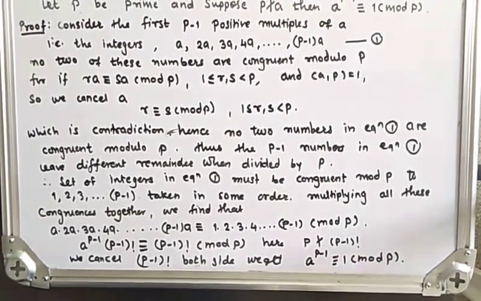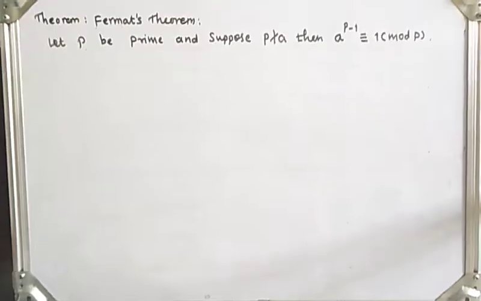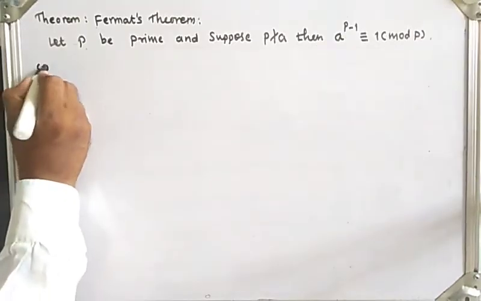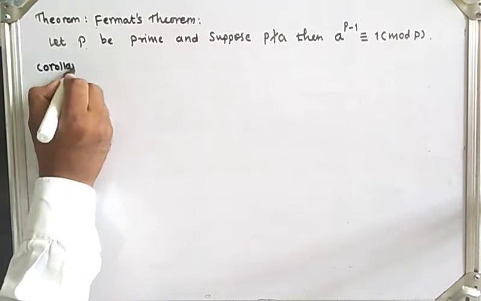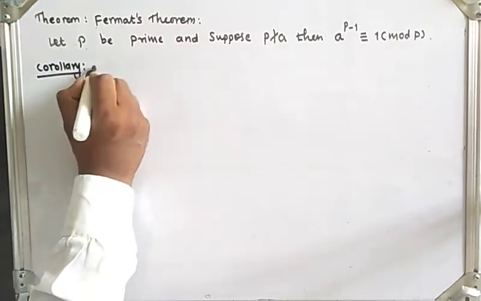And by using this Fermat theorem, next we will see the corollary, which is Euler's theorem by using Fermat's theorem.